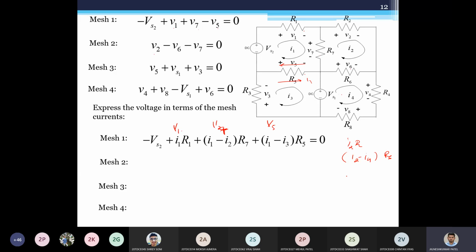Again R7, so I'll write I2 minus I1 into R7. Earlier I wrote I1 minus I2 into R7, but here I am writing I2 minus I1 into R7 because I am going in this direction. I am considering I2, and considering I2 I am writing the potential.